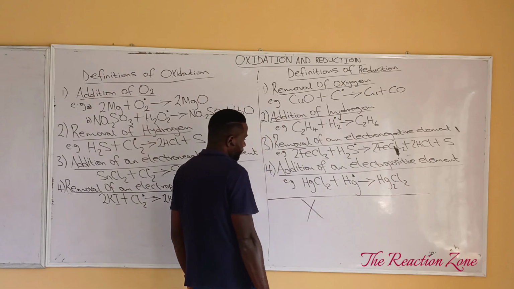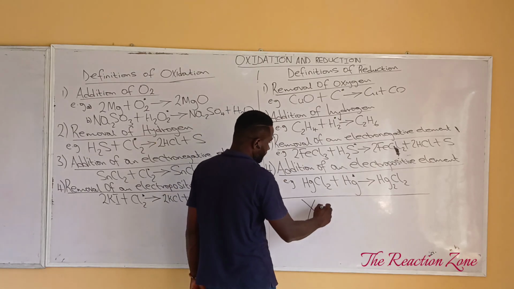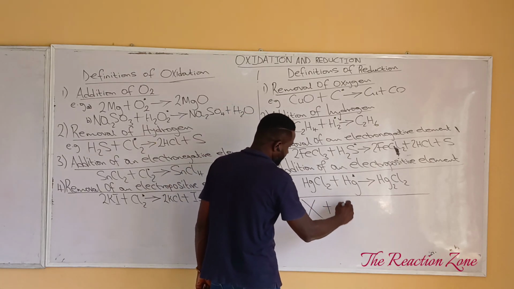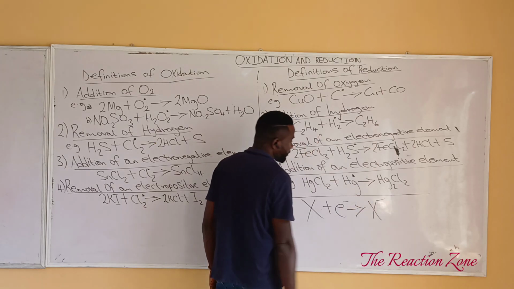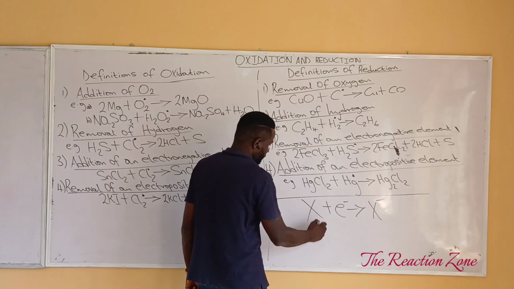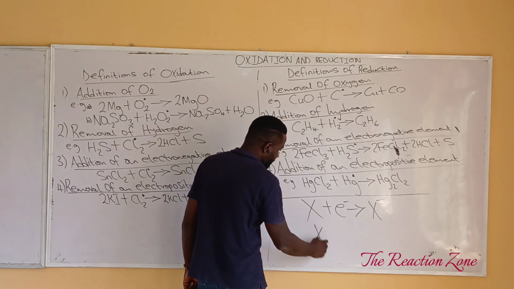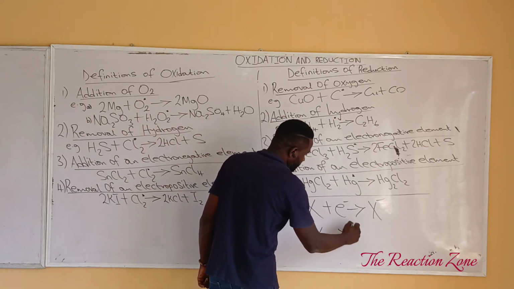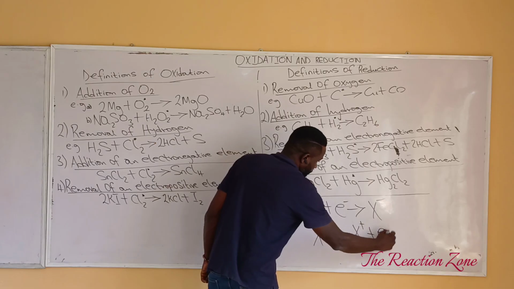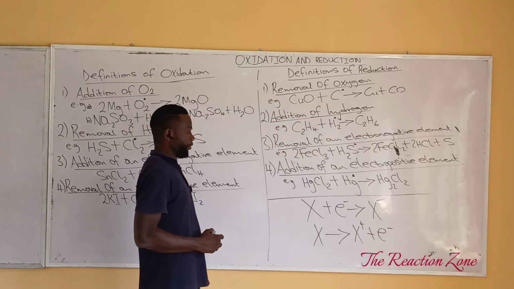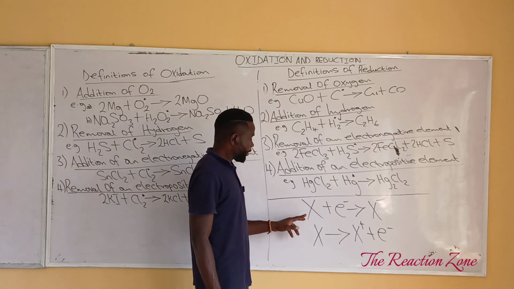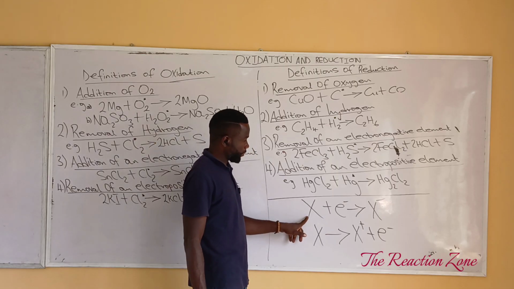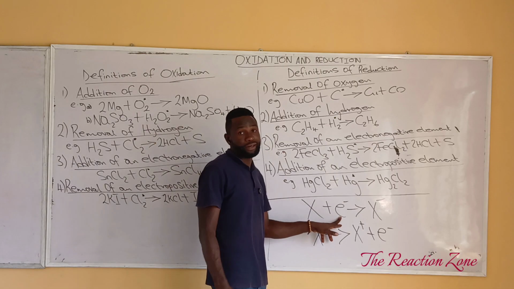The element X gains an electron and gives us a negatively charged X. If this element X loses an electron, it gives us a positively charged X. So in the first illustrative equation here, the element X is reduced because it gains an electron.